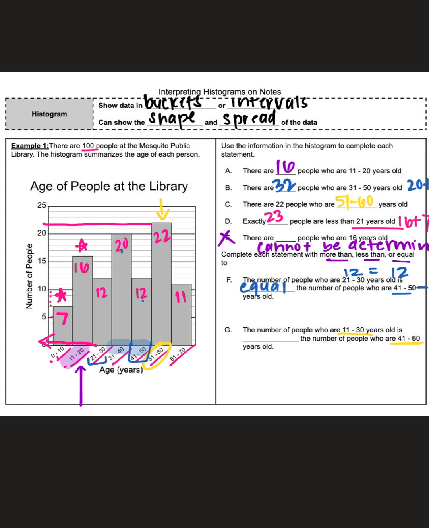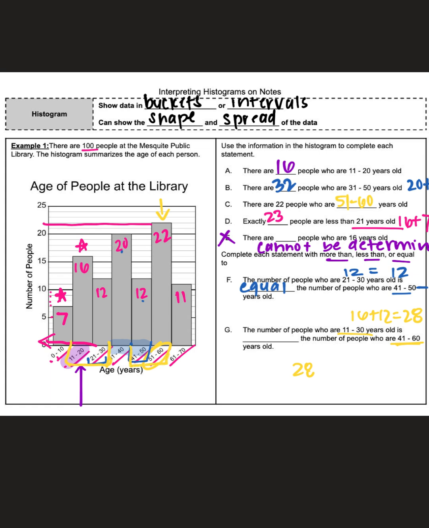Okay, 11 to 30. Well, here is the 11 bucket, and it just goes 11 to 20, so I need to continue on to the second one. So 11 to 30, that was 16 people plus 12 people, right? And how much was that? 28. So 28 people, I'm going to write that right here, are between 11 and 30 years old. But the second one, I still have to do some work with. It says 41 to 60. So here's 41.